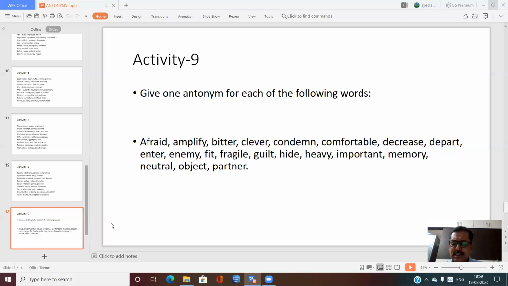Ladies are generally stingy in money matters. Stingy, opposite word, liberal. Ladies are generally not liberal in money matters. Nuclear power plants are generally safe. Safe, opposite word, dangerous. Nuclear power plants are not generally dangerous.